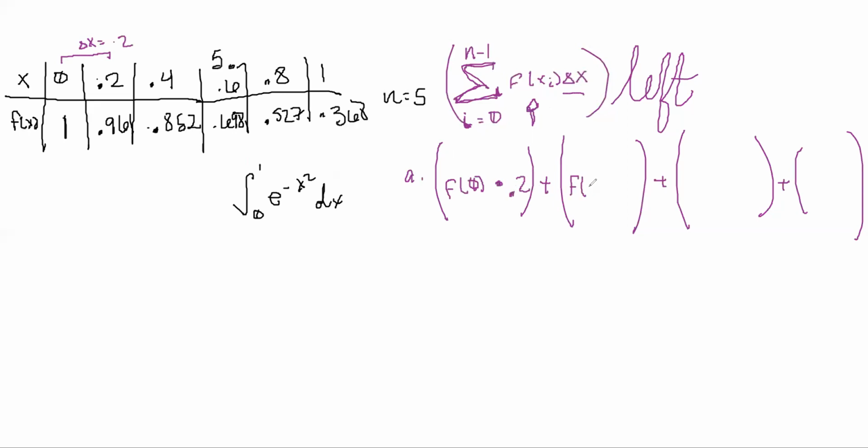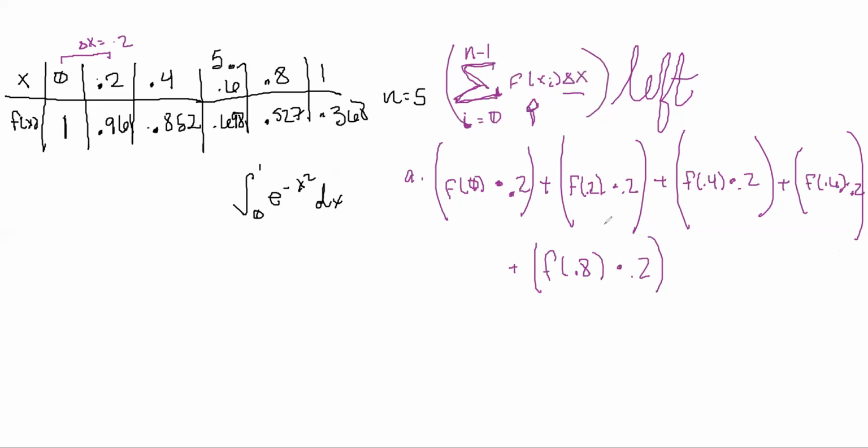So then we have f of 0.2 times 0.2, f of 0.4 times 0.2, and f of 0.6 times 0.2, plus f of 0.8 times 0.2.